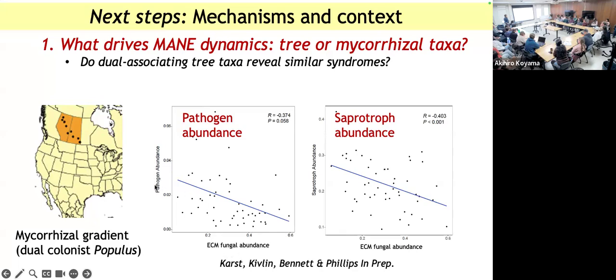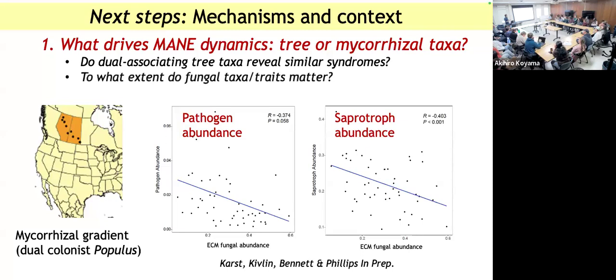We had smaller numbers of pathogens and saprotrophs, which is consistent with what we see in the main effects, which I think is real and tells us that the fungi, at least the mycorrhizae, are definitely structuring or influencing the structure of the broader fungal community. Again, we're holding plant, at least tree dominance, constant in this environment. And then, of course, we want to look at the fungal traits and a suite of other things, because not all ECM fungi are created equal. Not surprisingly, there are going to be differences in enzymatic capabilities, et cetera.